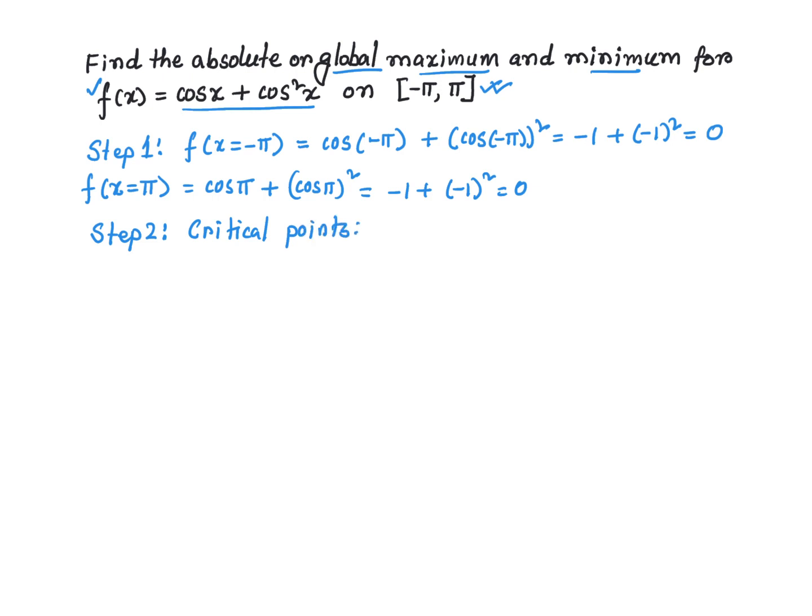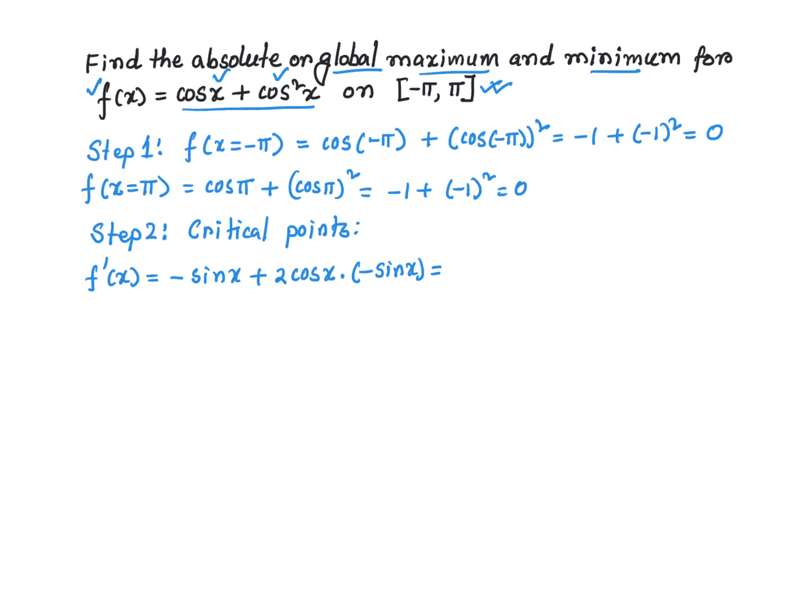So what is f prime of x? f prime of x is the derivative of cosine of x, which is negative sine of x, plus the derivative of cosine square of x. Using the power rule, I get 2 cosine of x times, using the chain rule, negative sine of x.